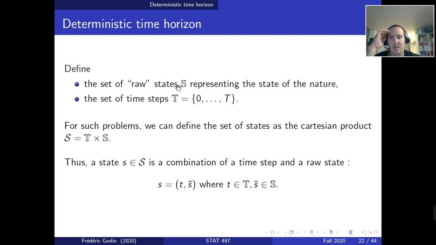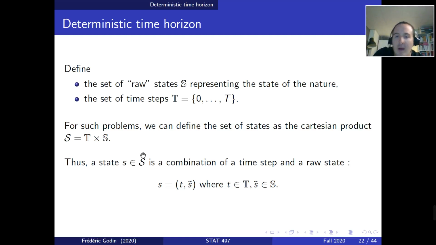The set of raw states, stylized S, represents all the states of nature. Then we can define another set, stylized T, which is the set of all time steps. For such problems, we can define the set of states as the Cartesian product of stylized T and stylized S. So a state is in fact the combination of one of the time steps and one of the raw states of nature.